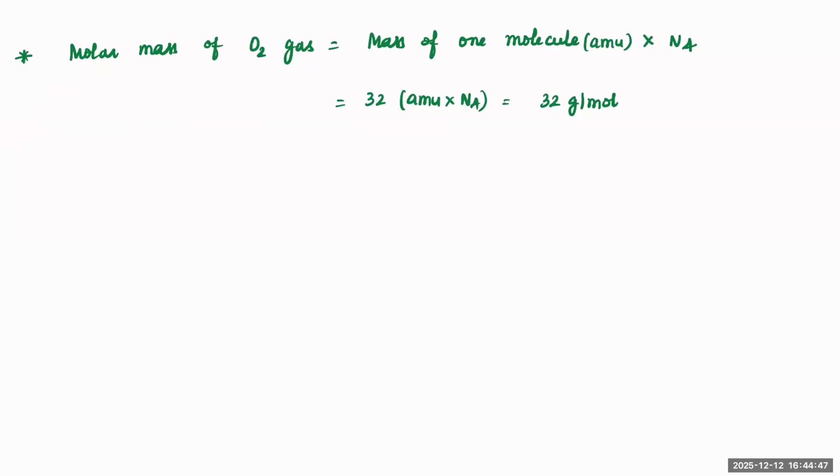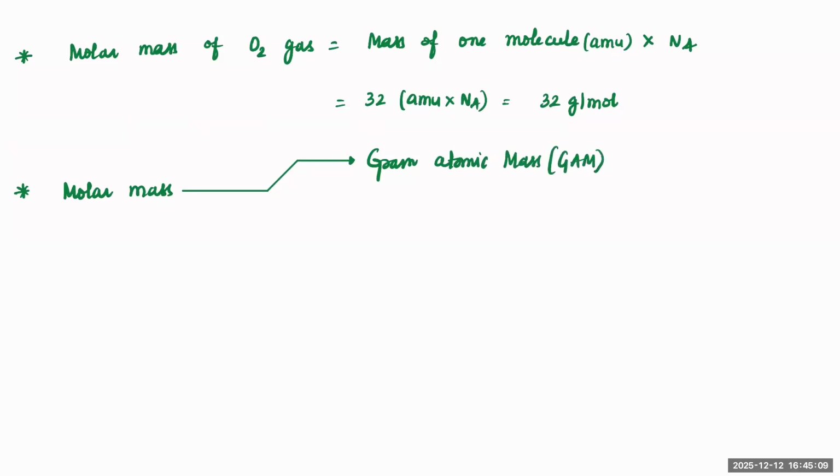Got it? Now, molar mass can be categorized into two parts. One is gram atomic mass, GAM.